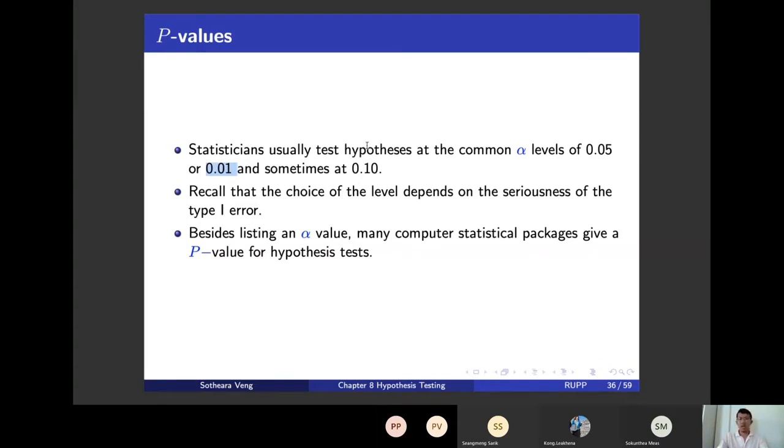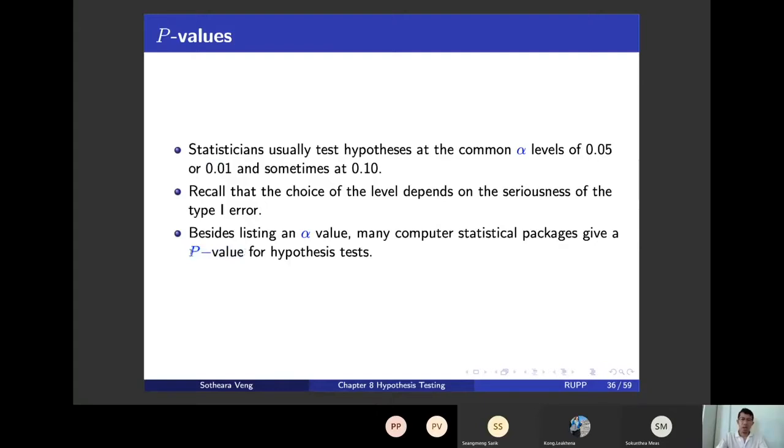And so far, when you decide on the significance level, you have to compute the critical value, right? And you have to base on the critical value to decide whether to reject the null hypothesis. But in some statistical software, it will not give you the critical value, but instead it gives you the p-value.